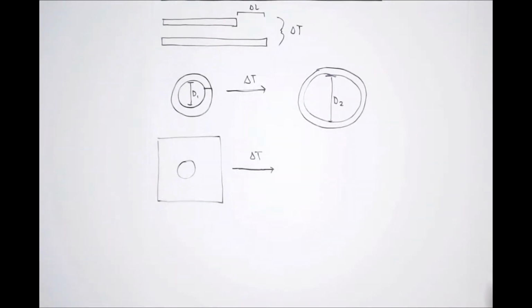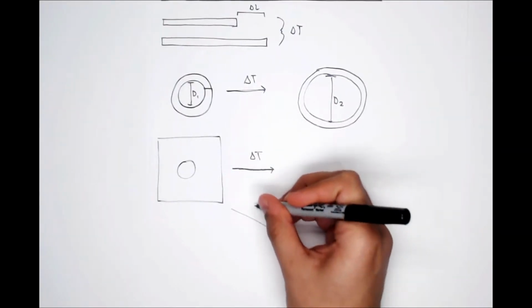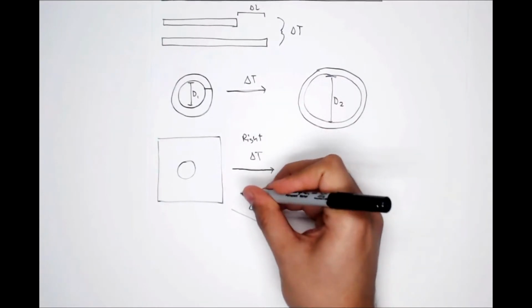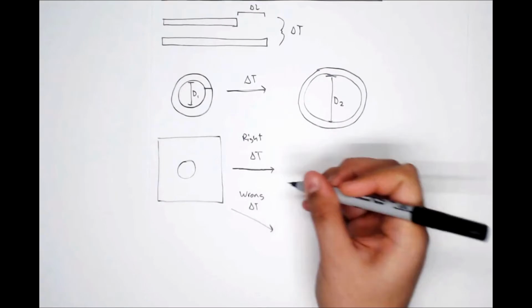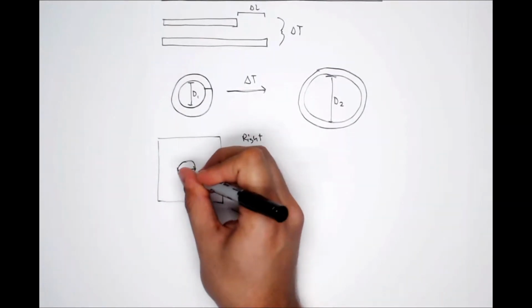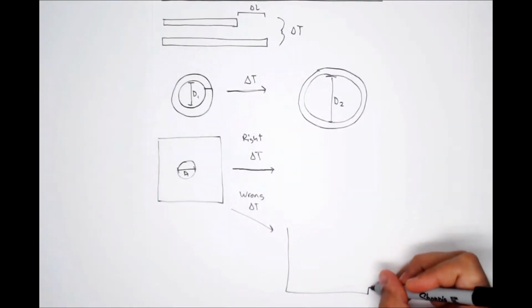But it turns out that only one of these scenarios is going to be correct. So I'll start with the wrong one because sometimes people can think about that more intuitively. So this is going to be the right one, the correct one, and this is going to be the wrong one. The wrong one is that people will assume that this diameter of the hole, D1, will actually contract.